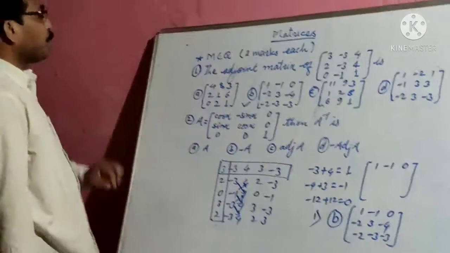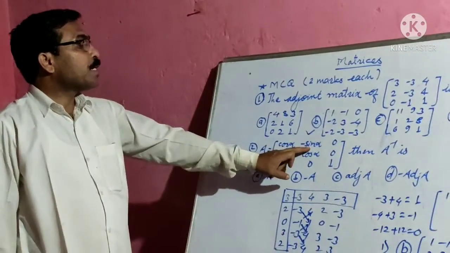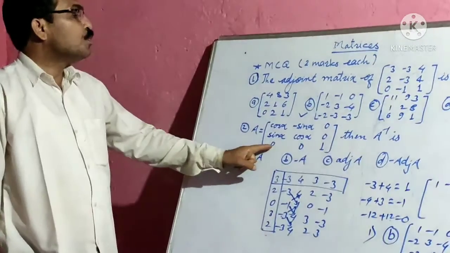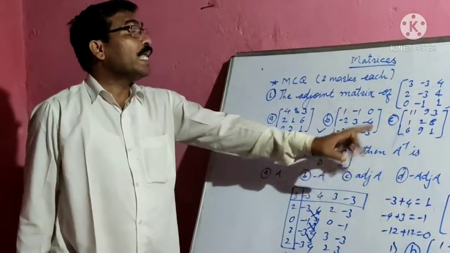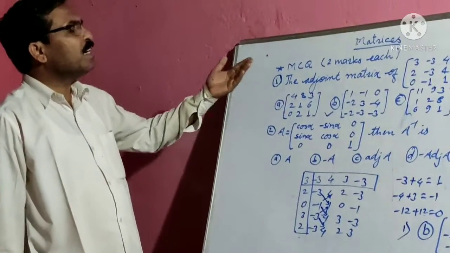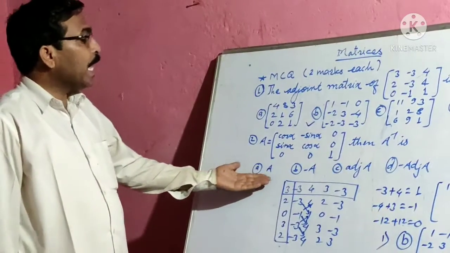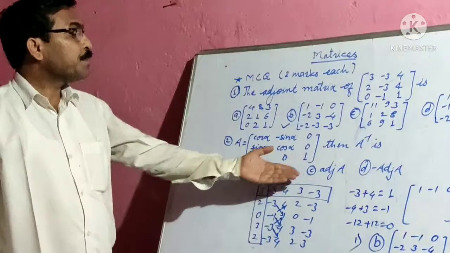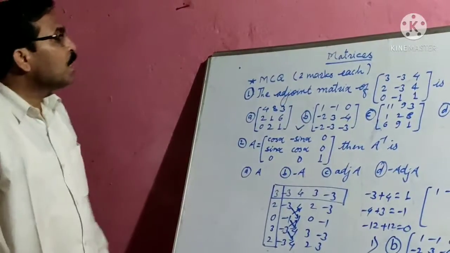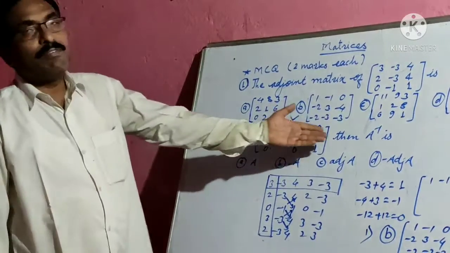Now second. A is equal to this matrix: cos alpha, -sin alpha, 0; sin alpha, cos alpha, 0; 0, 0, 1. Then A inverse is asked, and the alternatives are A, B minus A, C adjoint of A, and D minus adjoint of A. Now how do we find A inverse?